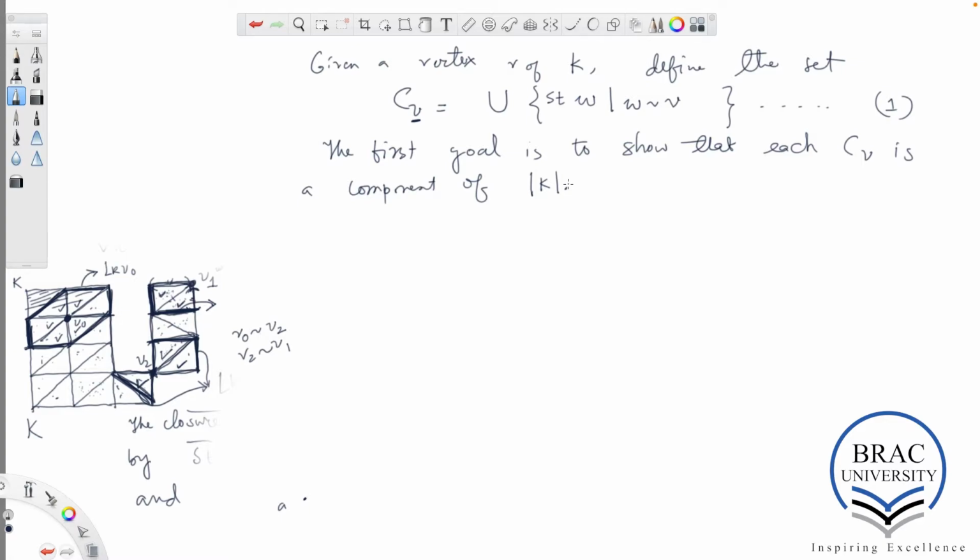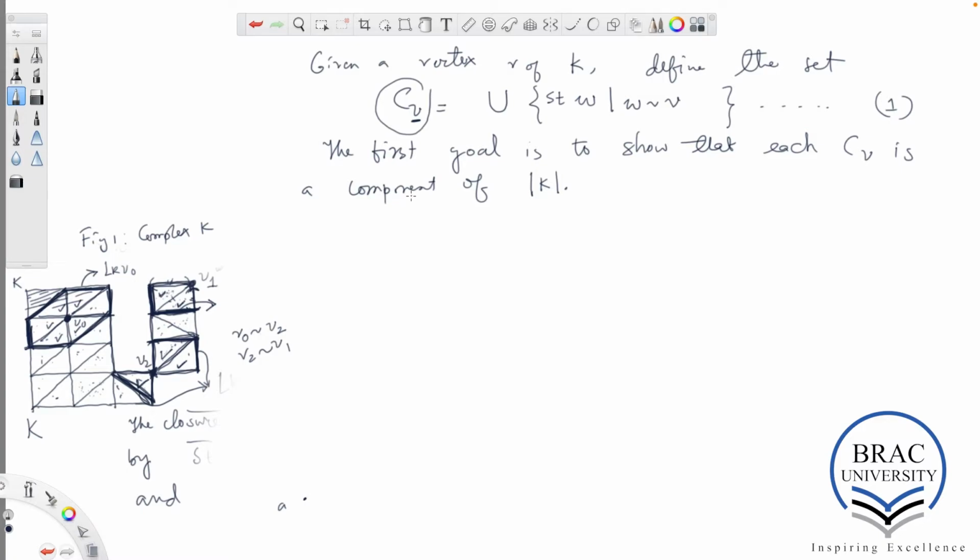So in this diagram, which we call figure 1, which is complex K, you see that there is one such component for the complex K. Since complex K is connected, it's not a disconnected complex, so we have one such C of V. It's the whole complex itself, C of V in this example.